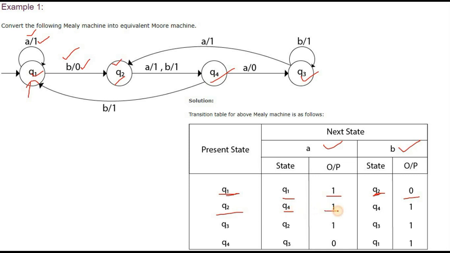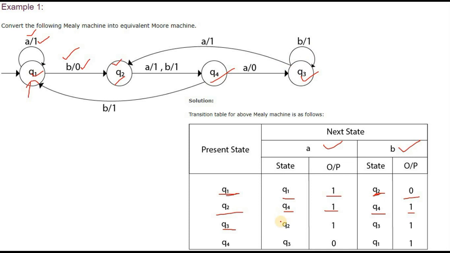From Q2 to Q4, the same state, it gives you output 1 two times. So for input variable A and input variable B, it goes to the same state. Coming to Q3, Q3 goes to Q3 with output 1, and Q2 goes to Q3, and Q3 to Q3 with output 1.